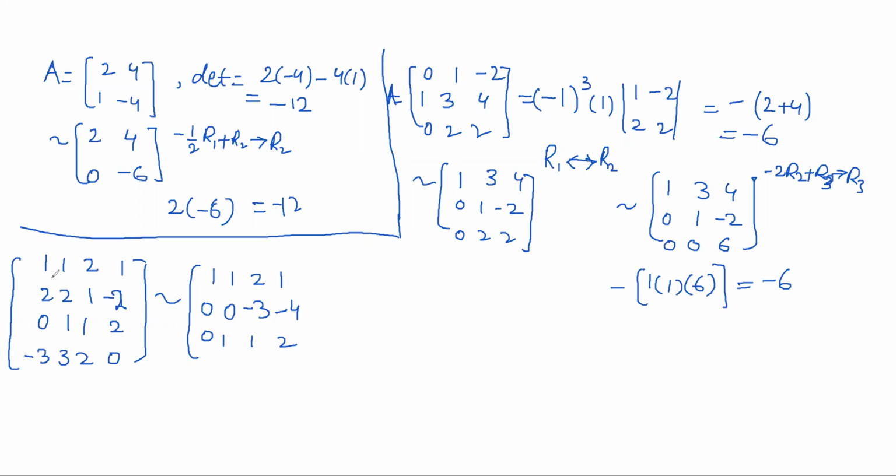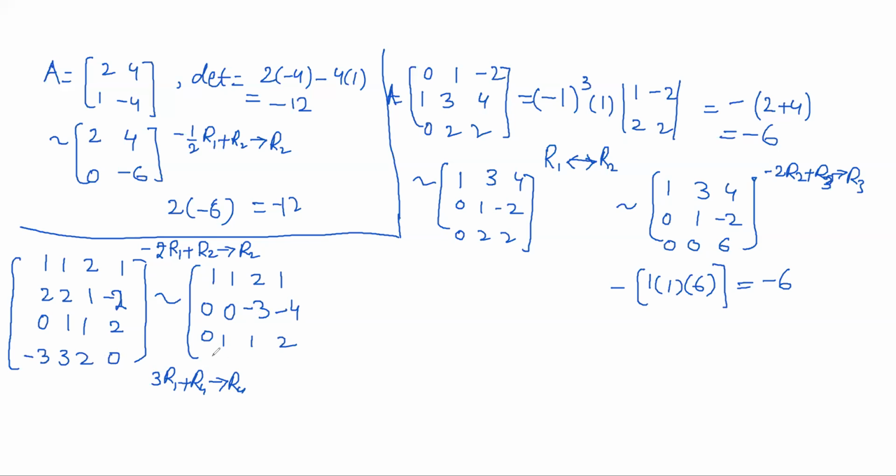The first row operation is minus 2 row 1 plus row 2, that is the new row 2, and the second row operation will be 3 row 1 plus row 4, that is the new row 4.